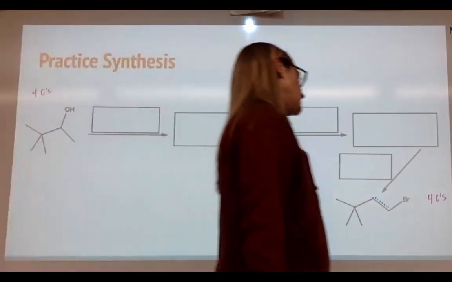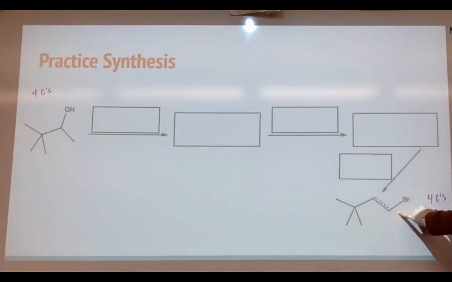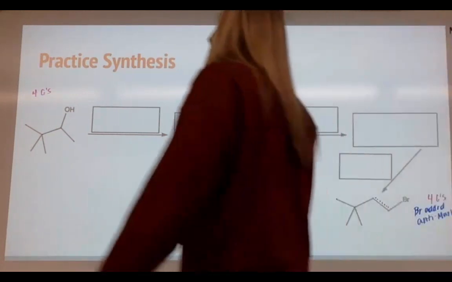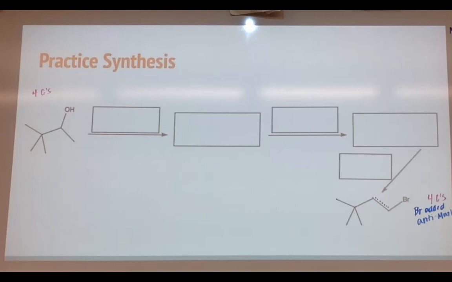So if we think about what that is considered, Br is adding to the less substituted side. Br is added anti-Markovnikov. We consider the leaving group leaving as one step.